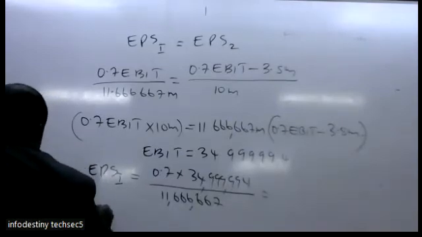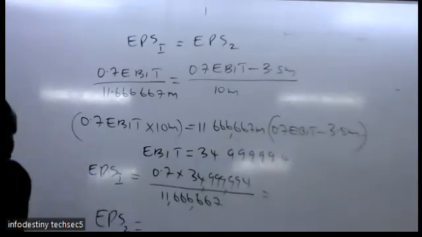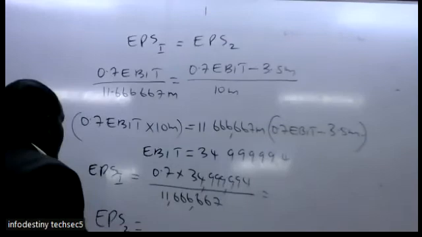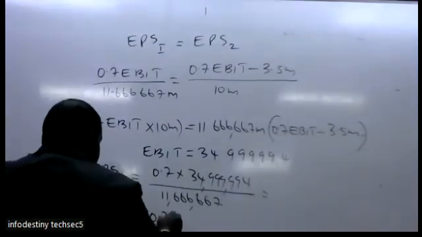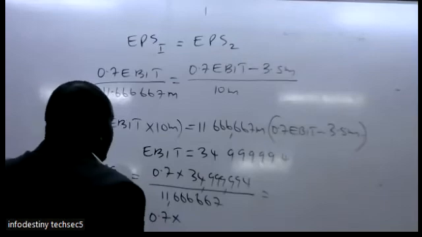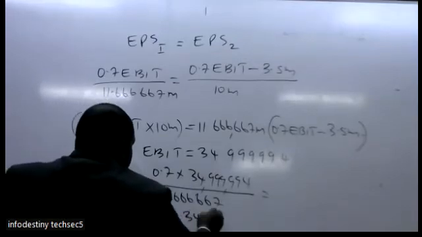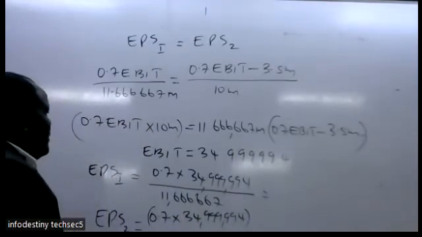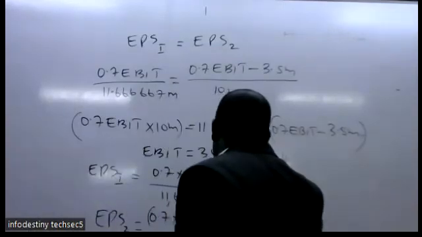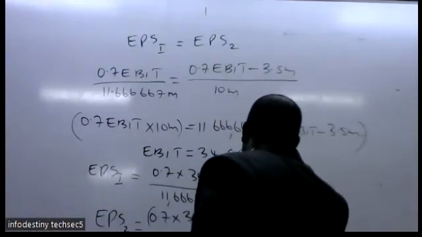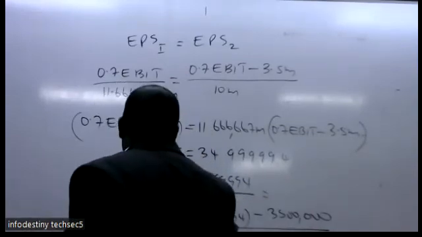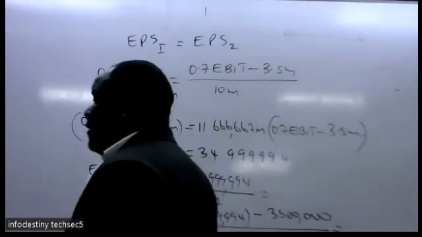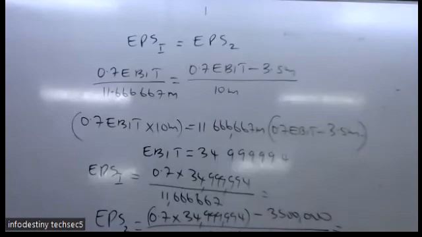You also confirm earning per share for option 2. For option 2, you use this formula: 0.7 multiplied by 34,999,994, minus 3.5 million, then we divide by 10 million. Confirm whether the two are giving you the same figure as the earning per share.